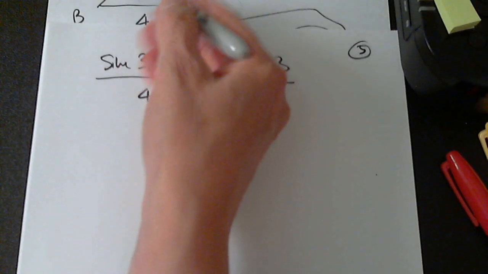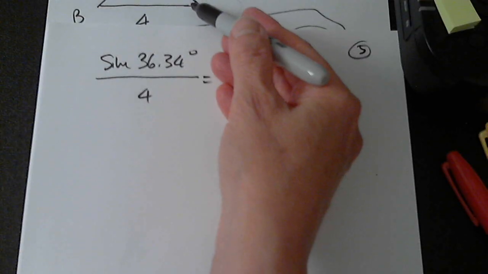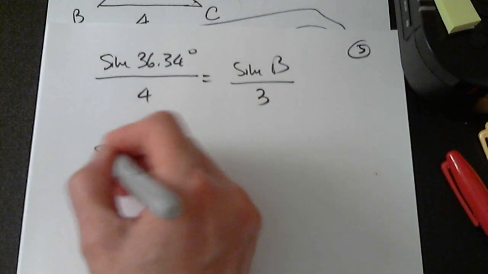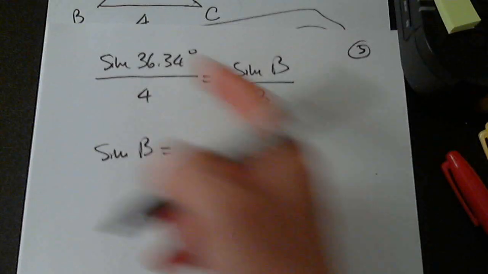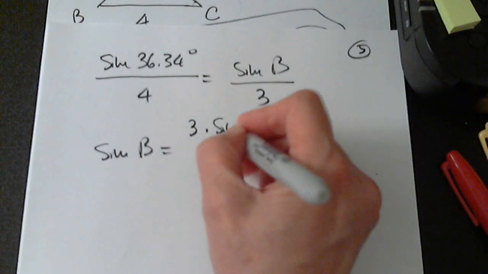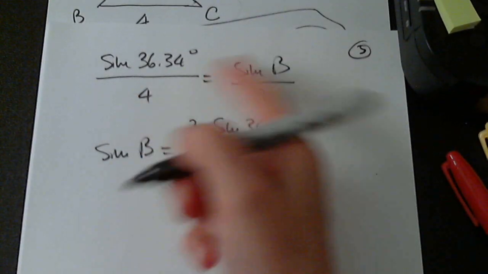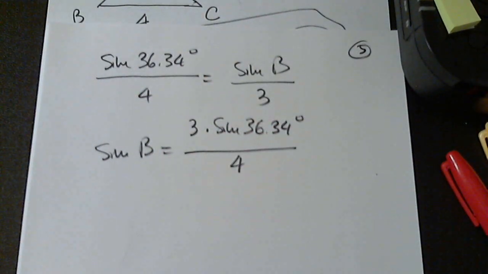Once we have B, then we subtract the sum from 180 to determine C. So cross multiply. So we have sine B equals 3 times sine 36.34 degrees, everything divided by 4.